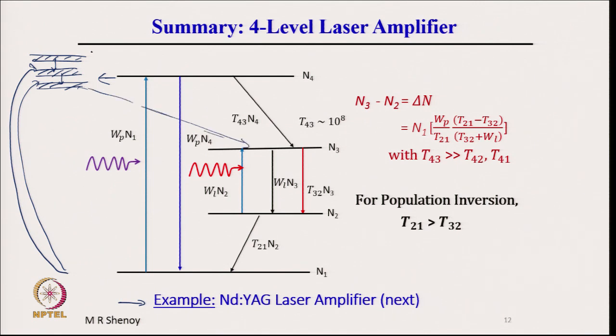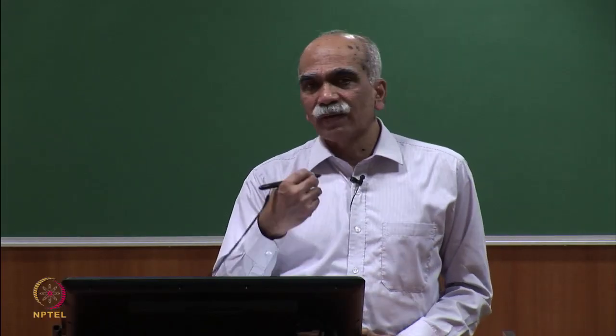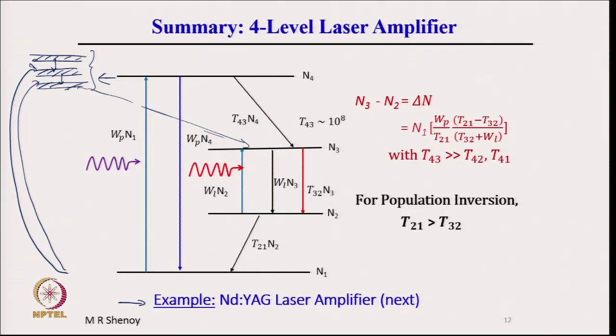In other words, level 4 itself may comprise several levels, but we do not call this a 5 level or a 6 level laser. This is still a 4 level laser, and the pump bands are all represented by level 4, from where atoms make a rapid transition to a metastable state.